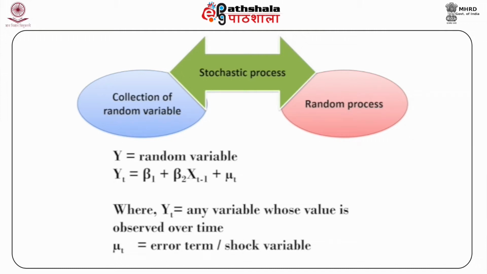The process of collecting the values of y during a period of time will be a stochastic process. Mathematically, it can be expressed as yt is equal to beta 1 plus beta 2 xt minus 1 plus mu t, where yt is any variable whose value is observed over time. Mu t is the error term or shock variable.